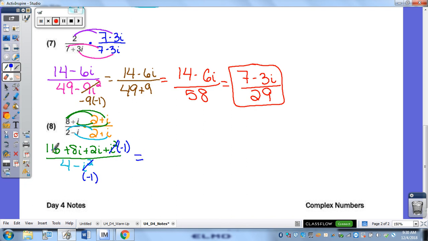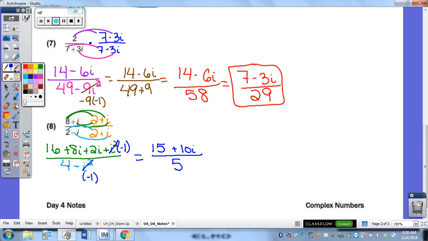For our numerator, we have 16 plus a -1, so that's going to give us 15. And then 8i plus 2i gives us 10i. And then for the denominator, 4 minus -1 really means we're adding, so that becomes 5.